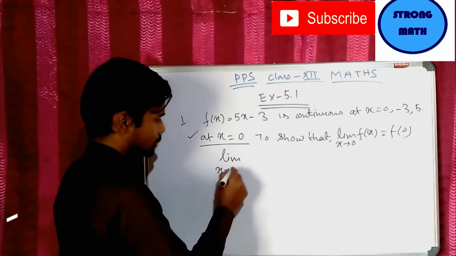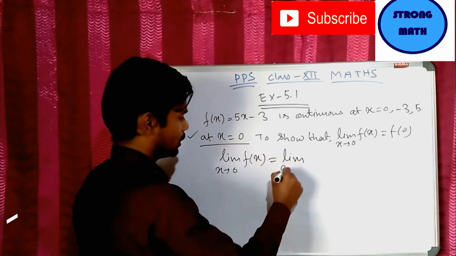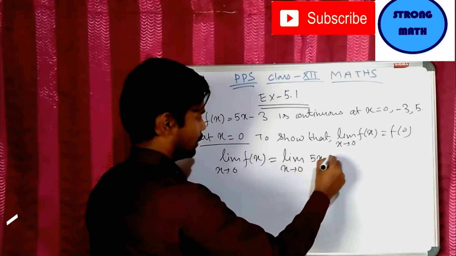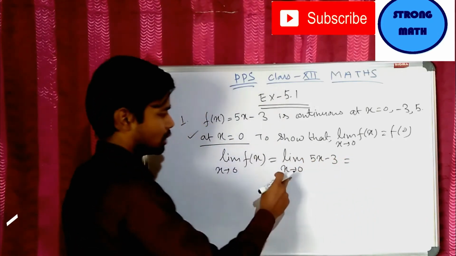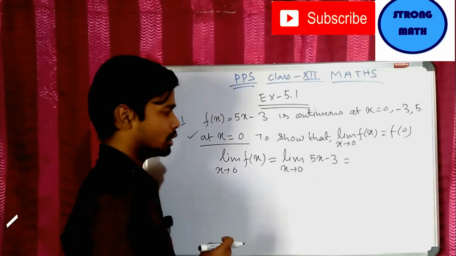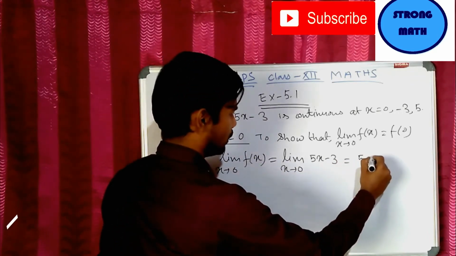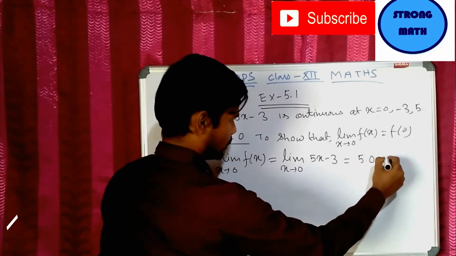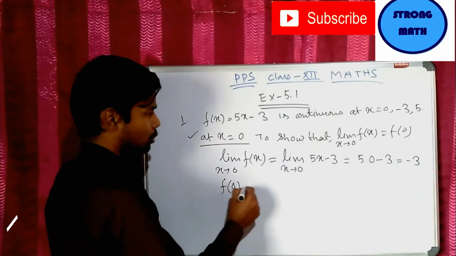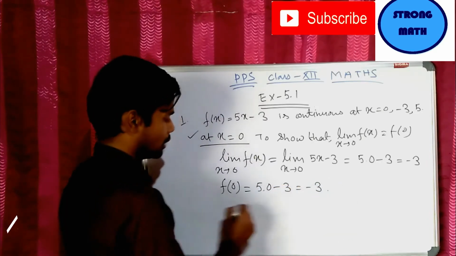Limit x tends to 0 f of x equals limit x tends to 0. What is the value of f x? 5x minus 3. We can put the value of x as 0 here, because if we put x equals 0 then the limit exists. So putting the value of x we get minus 3. Now we have to calculate f of 0. 5 into 0 minus 3 equals also minus 3.